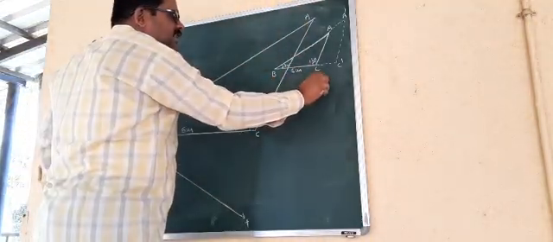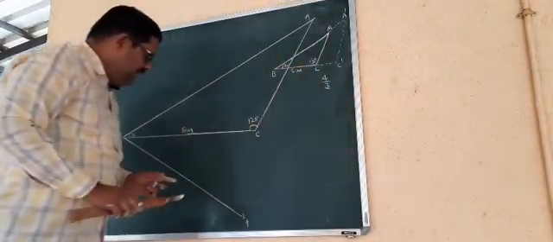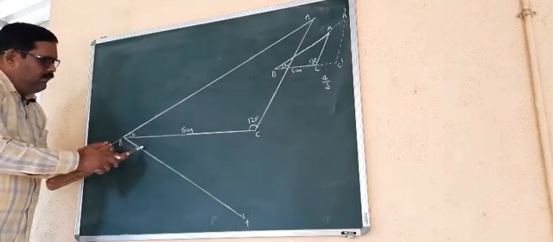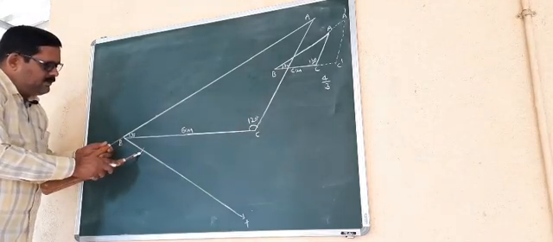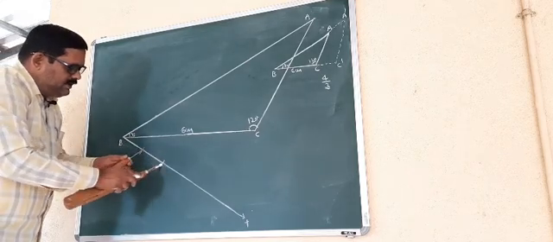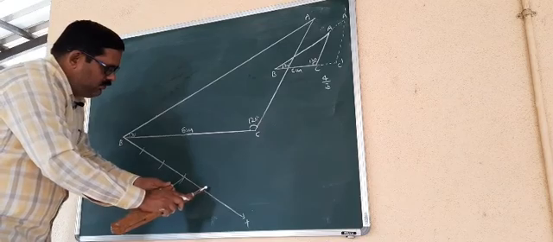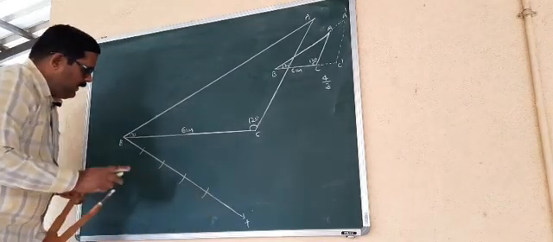Now, the scale factor is 4:3. So, we have to divide this line segment into 4 equal parts. This is part 1, this one is part 2, this one is part 3. So, this one is part 4.